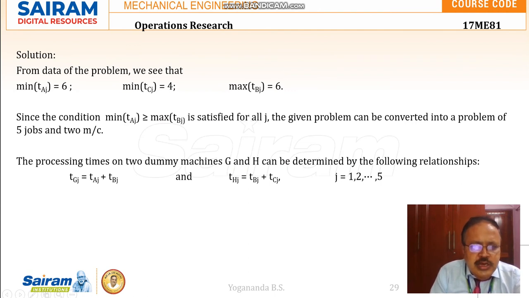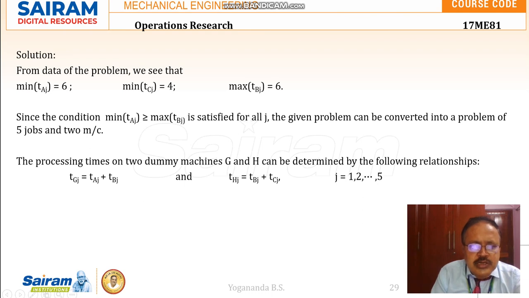Now consider this 6, the condition minimum of TA greater than or equal to maximum of TB. So 6 is equal to 6, that is satisfied. But the condition minimum of TC greater than or equal to maximum of TB is not satisfied. But any one of the two conditions being satisfied is okay.